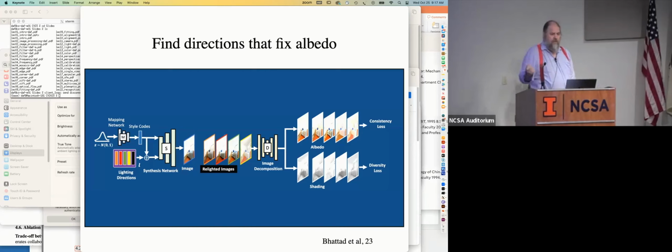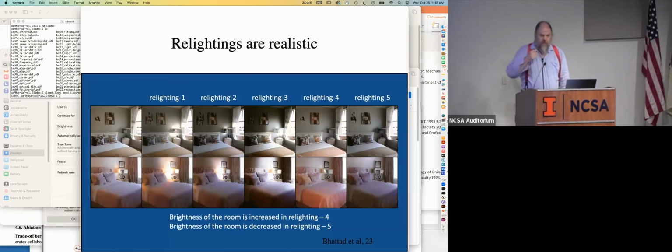If it didn't, then maybe that's a good idea. Then I will search for things to add to the style code that change the shading but don't change the albedo. And the search is pretty basic. I don't have to do any complicated searching. I'll just sling in a whole bunch of directions and keep the ones that I like. If you do that, you can get things that relight scenes in fairly convincing ways.